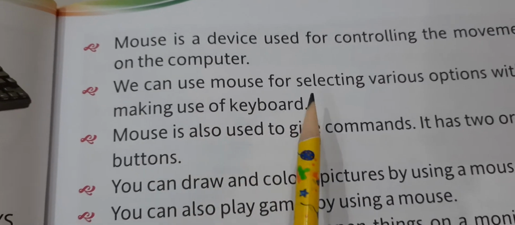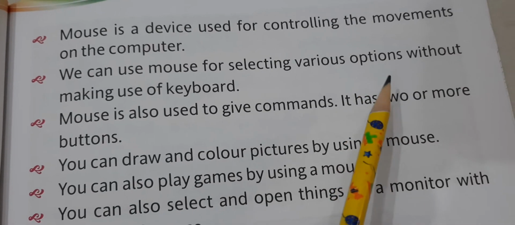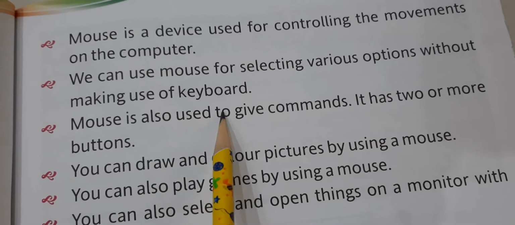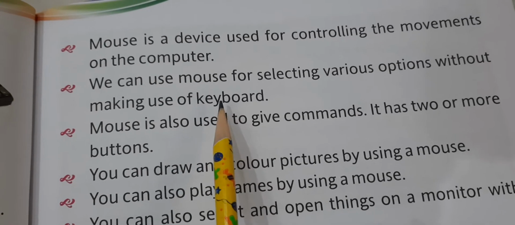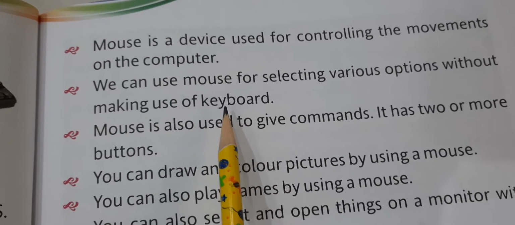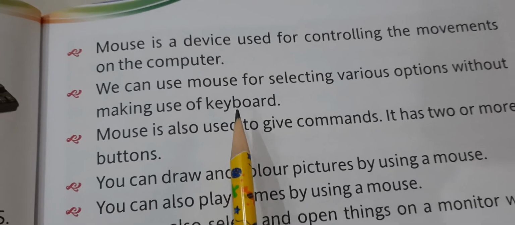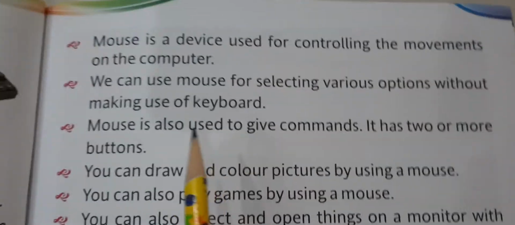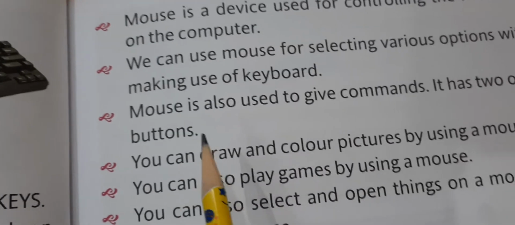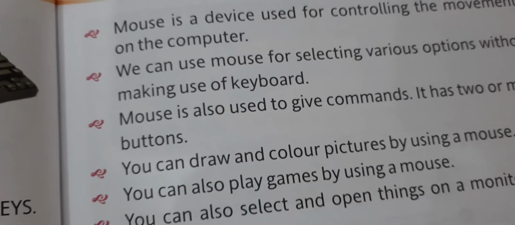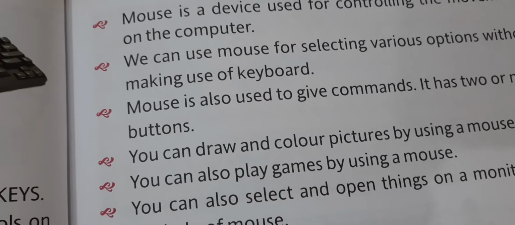We can use mouse for selecting various options without making use of keyboards, because it helps us in a very big way, because we don't have to remember the keyboard shortcuts. If we give command using keyboard, we will have to remember many keyboard shortcuts.